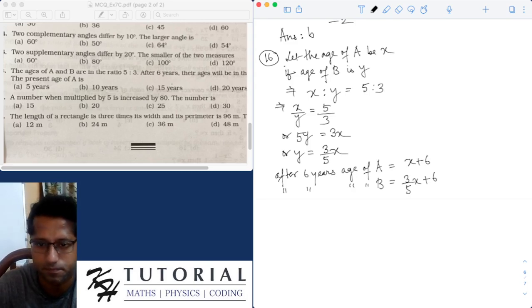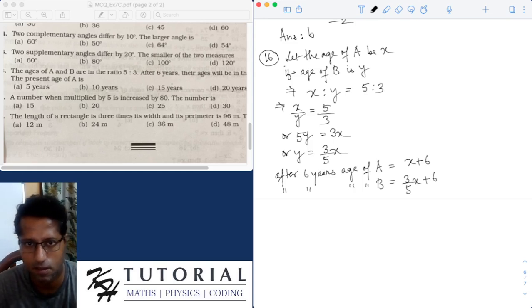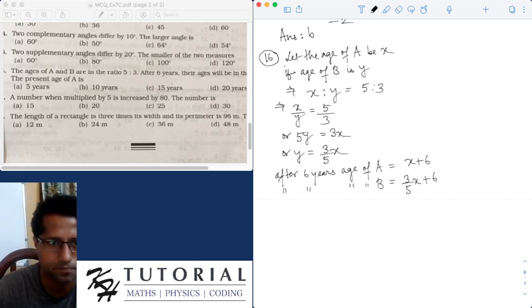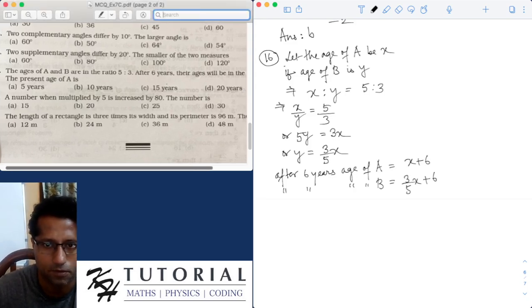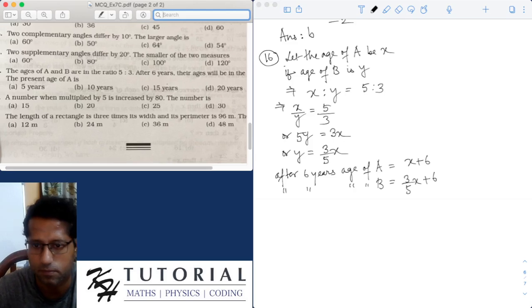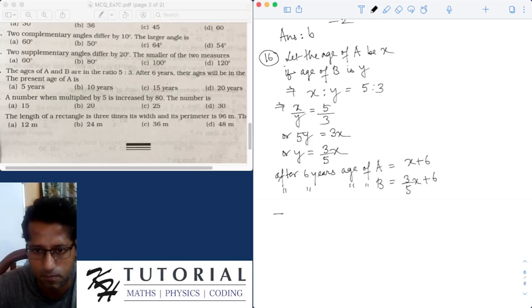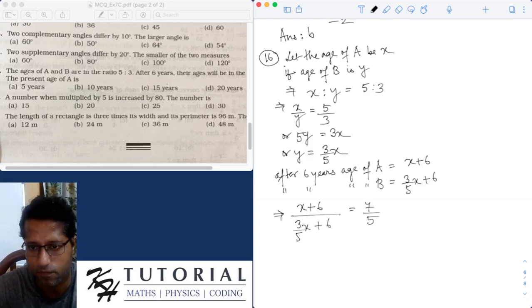Now it is given that after 6 years, their ages will be in the ratio 7:5. This implies x plus 6 divided by 3/5 x plus 6 equals 7/5.